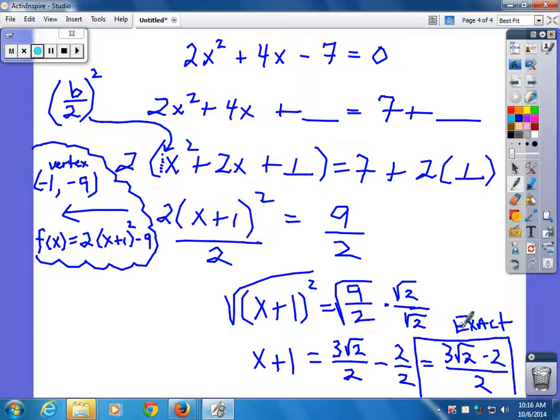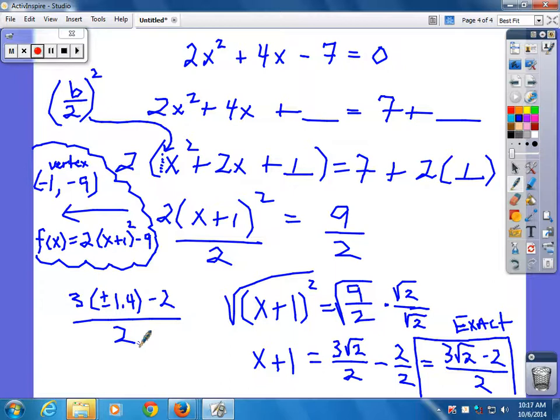Now, we all know what square root of 2 is. It's 1.4. So, 3 times positive or negative 1.4 minus 2 over 2. All right, 3 times 1.4. Isn't that like 4.2?